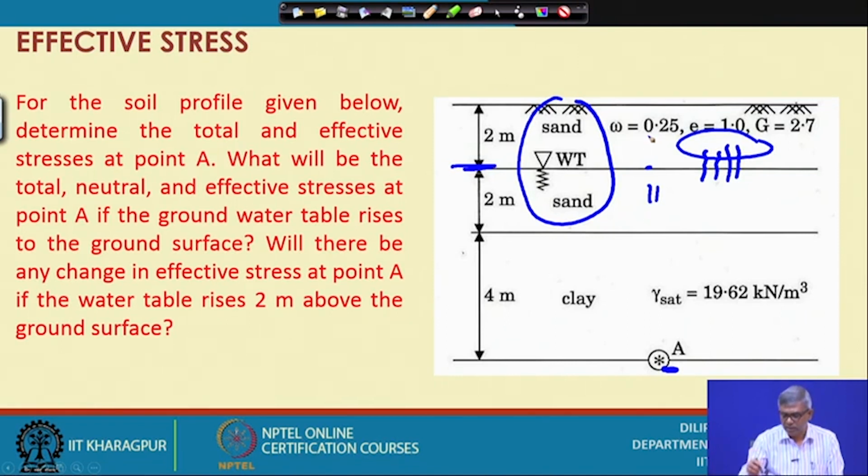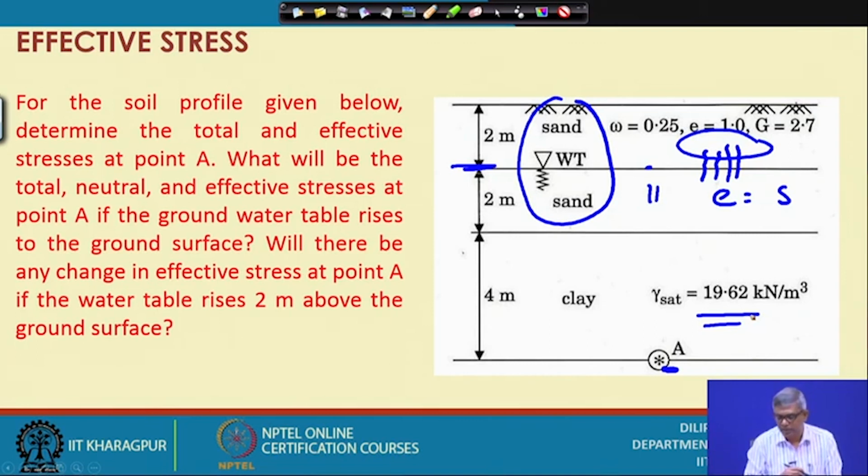Below the water table, soil will always be saturated. So, for this, the water content is known and the void ratio e is known, and it is saturated. So, assuming this condition I can find the unit weight, and the clay's saturated unit weight is already given. So, these things are to be calculated first.